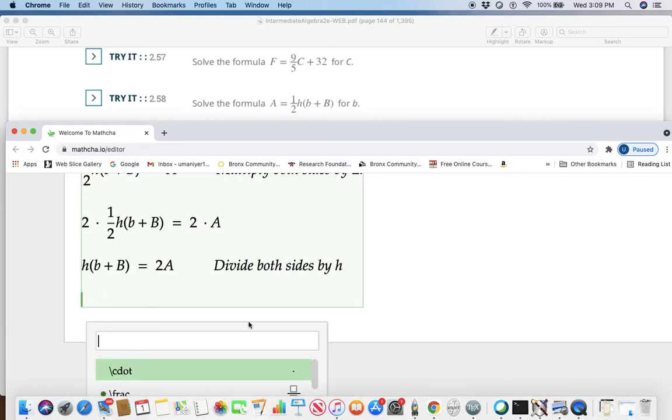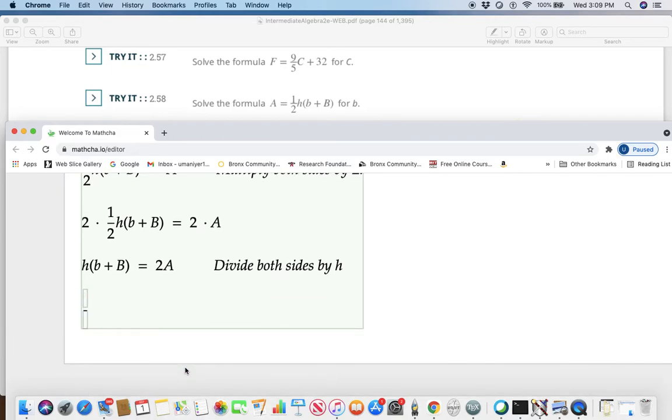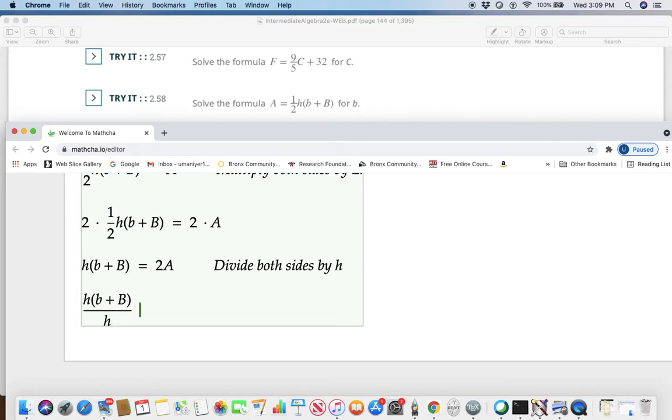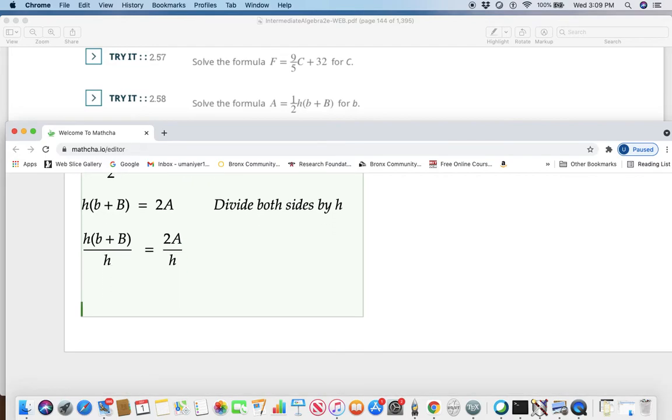So you have h times (little b plus capital B) over h equals 2A over h. That cancels these h's. You're left with little b plus capital B equals 2A over h.